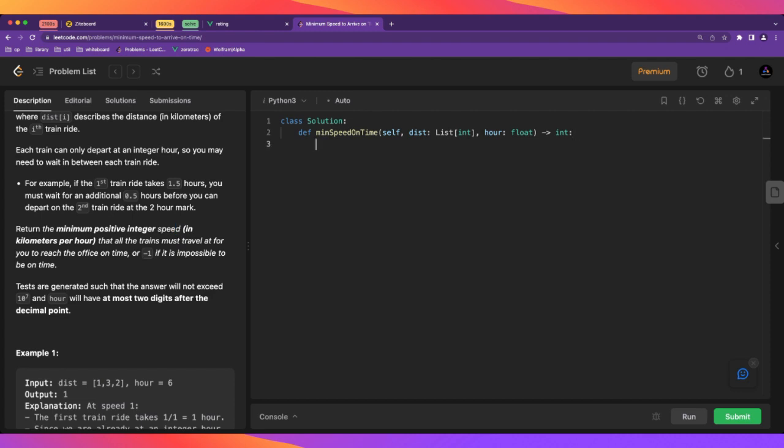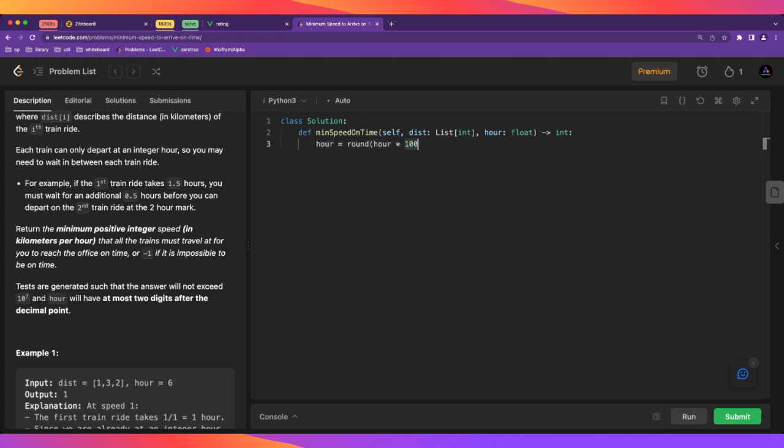So yes, in order to avoid dealing with the float, since you are told that it has at most 2 digits, that means that if you multiply the hours by 100, then you will have an integer.